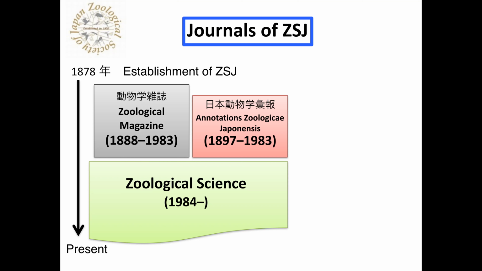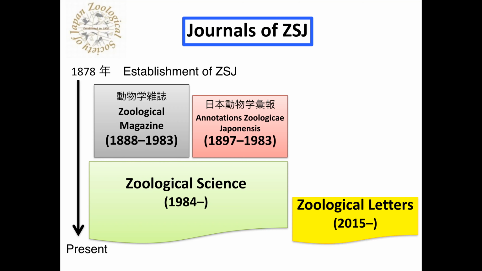So currently, Zoo Diversity Web only covers Zoological Science. However, there are these older journals that were merged in 1984. And we have one more open access online journal that started in 2015, Zoological Letters. So if you look at the history of the Zoological Society of Japan, there are 4 journals. Currently, Zoo Diversity Web only covers Zoological Science.